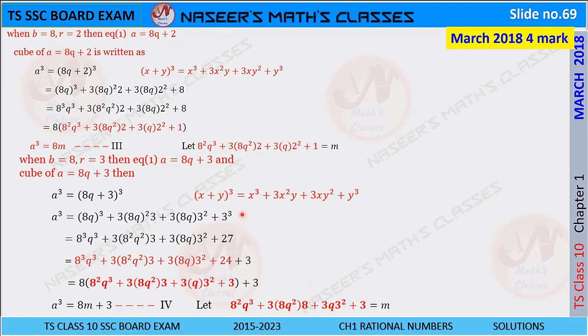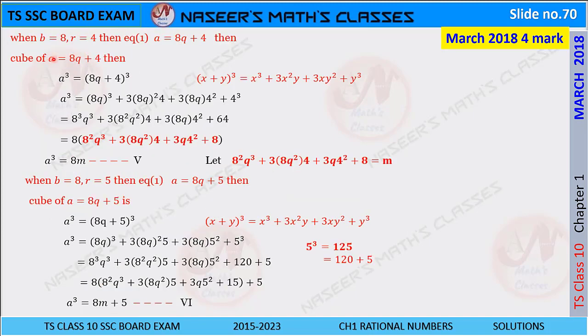Here 3 cube means 27 and 27 is written as 24 + 3. So the terms in the bracket let it be m. Then we can write a cube is equal to 8m + 3. Let this one be Roman number 4 equation.